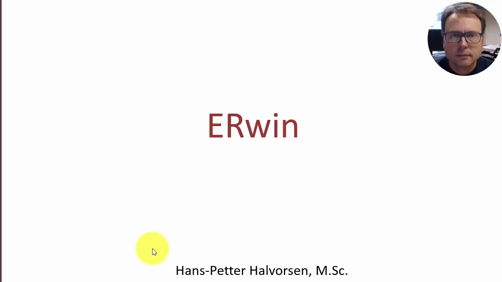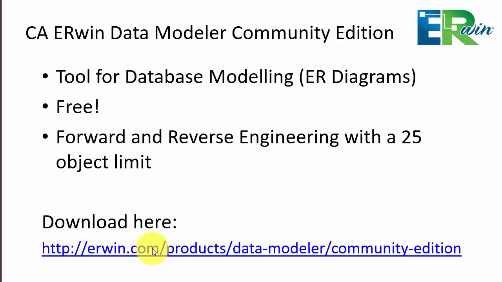And a little bit about Erwin. In this video we will use the community edition, which is free of charge. It has some limitations. You can only create 25 tables. That's not enough in many cases.